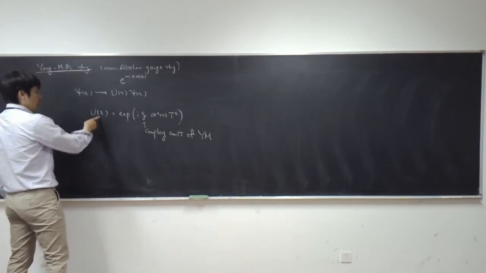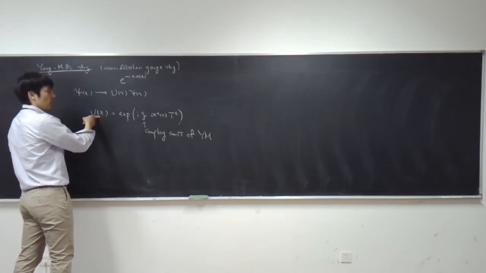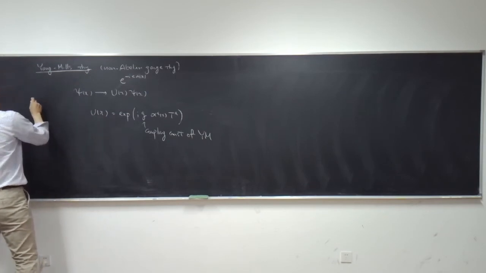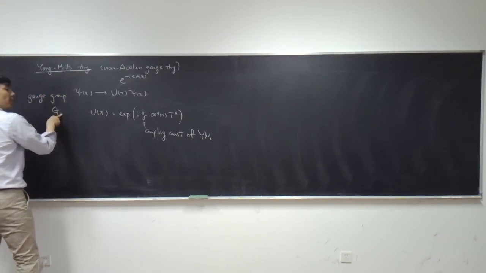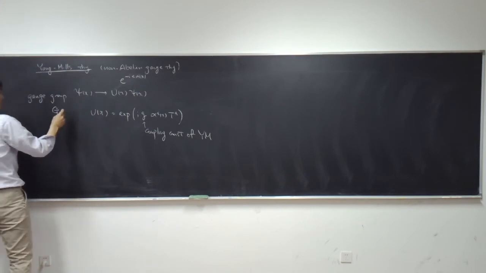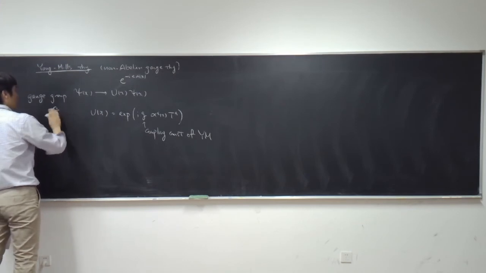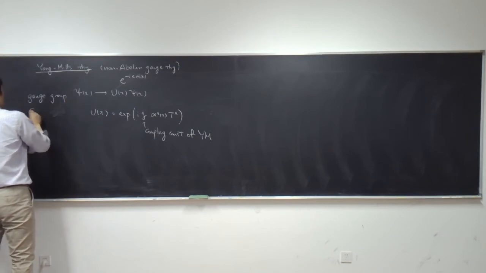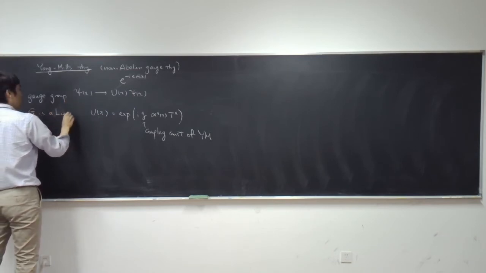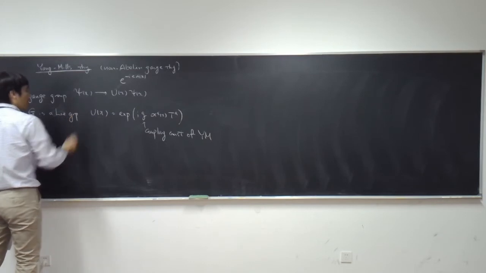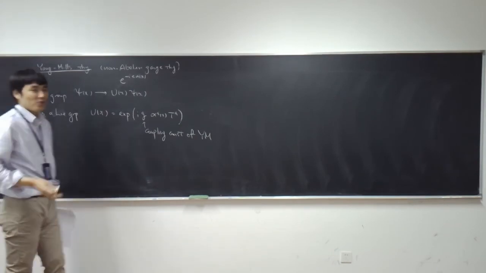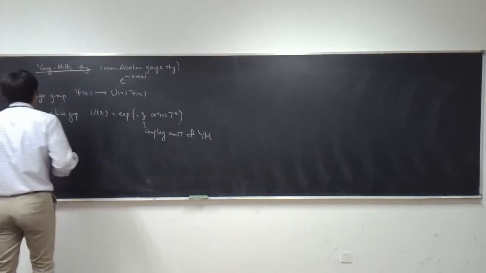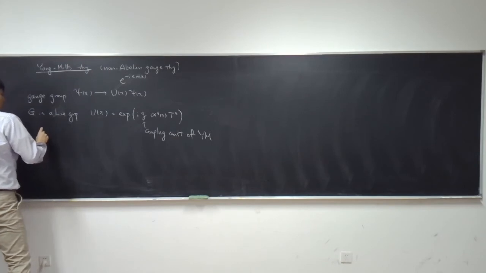U is an element of the gauge group G, which is an arbitrary Lie group, such as U, SU, SO, and so on.